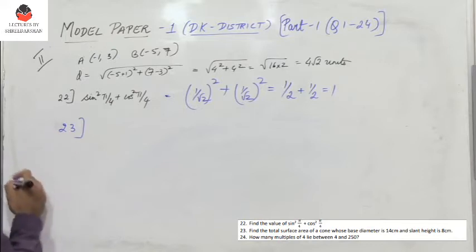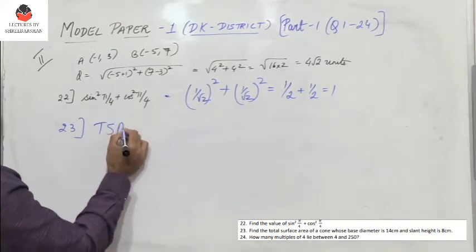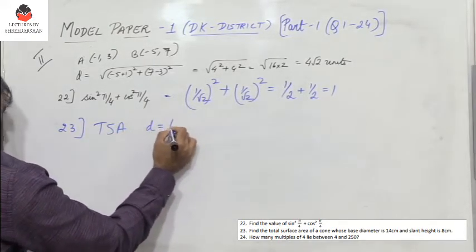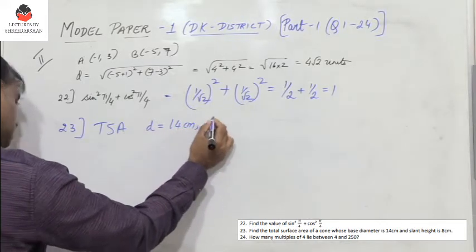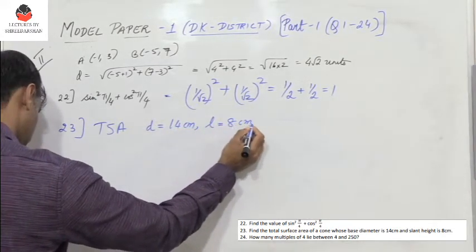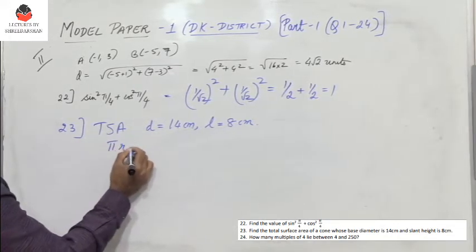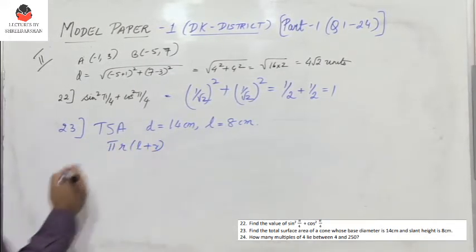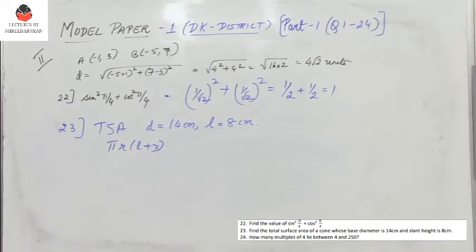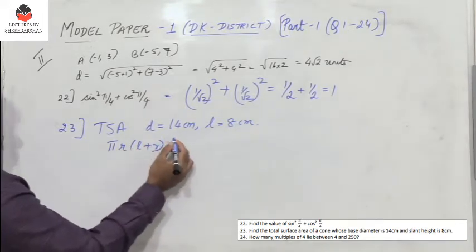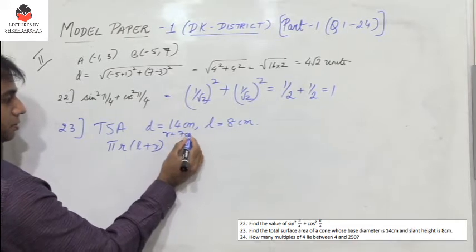23. Find the total surface area of a cone whose diameter is 14 centimeters and the slant length is 8 centimeters. So we know that the total surface area of the cone is given by pi r into L plus r, or r plus L. So since the diameter is 14, what is the radius? It is 7.